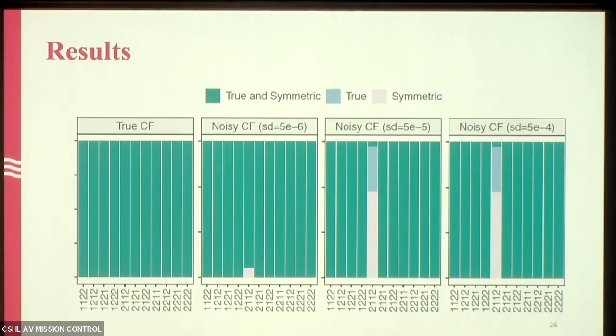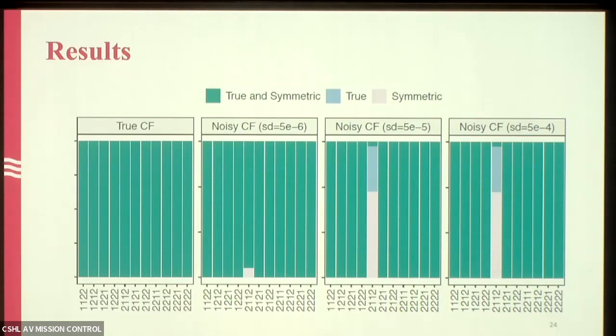A symmetric network is a network with 4-node hybridization where 2 of the clades are inverted. It is very close to the true network, but only the 2 clades are inverted. As we can see, most of the time it is able to select the network that is either true or symmetric.